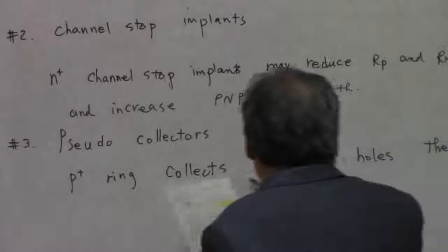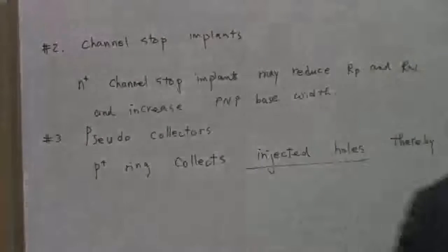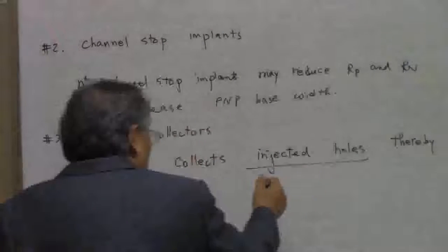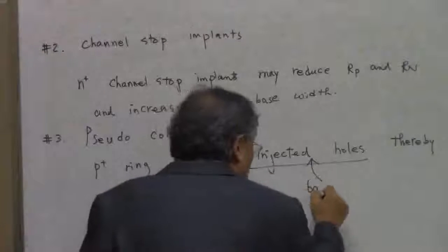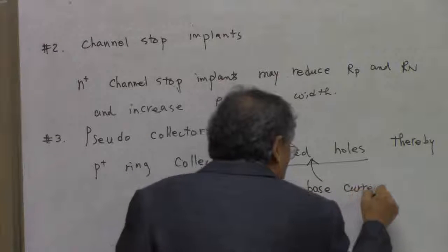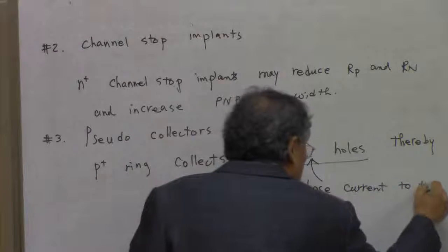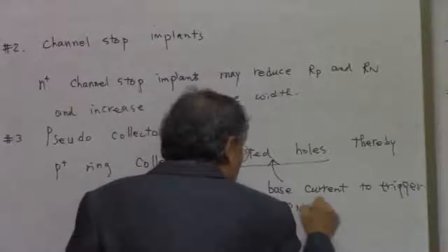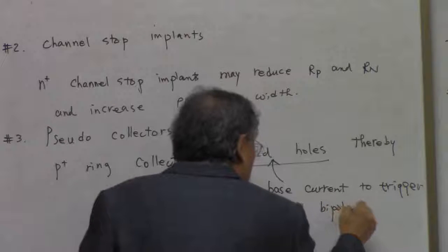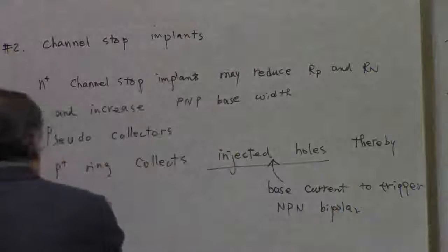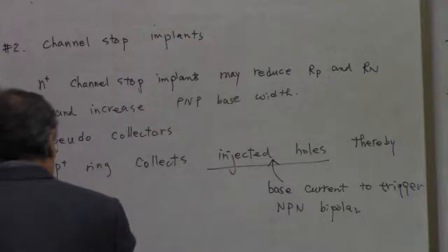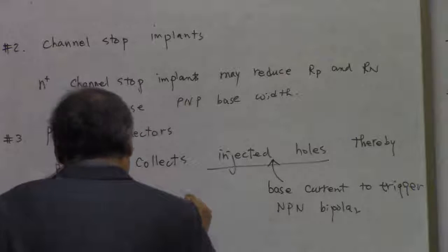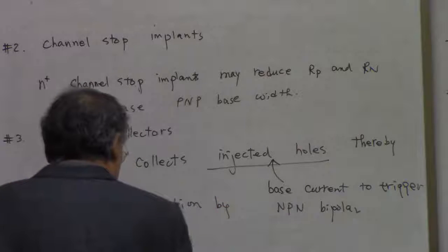thereby. These injected holes are coming from the VDD contact in the N plus, which is going to work as a base current, okay, base current, to trigger the NPN bipolar, okay, thereby preventing collection by PWL.